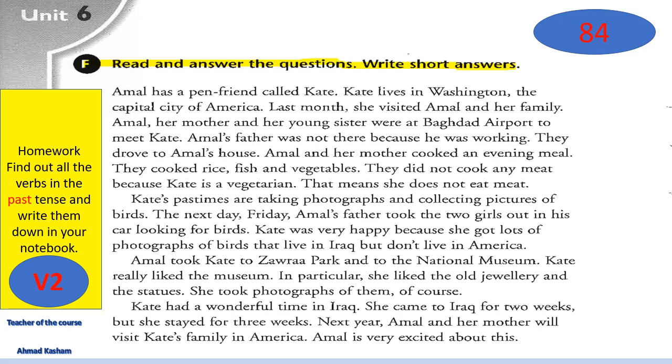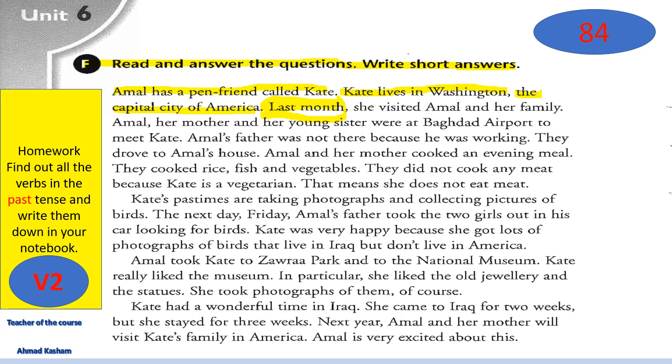Now, Amal has a penny friend called Kate. Kate lives in Washington, the capital city of America. Last month, pay attention here, last. Whenever we see last, this means that we are going to have a sentence in the past.